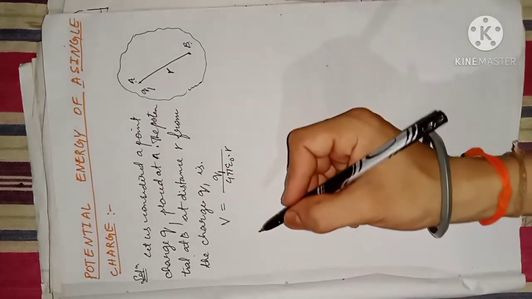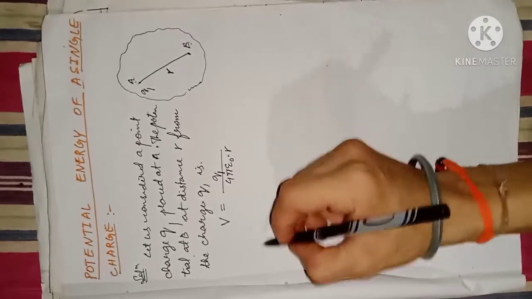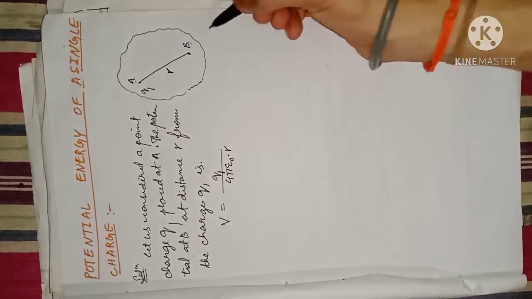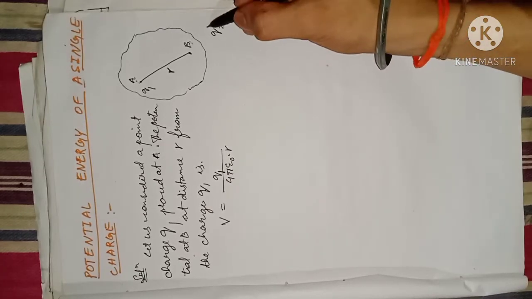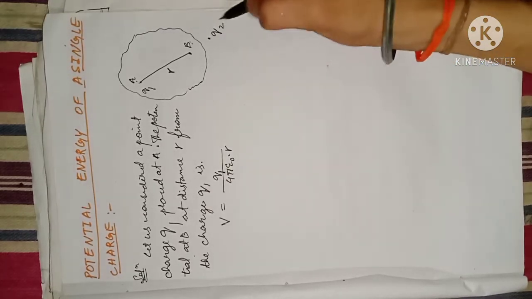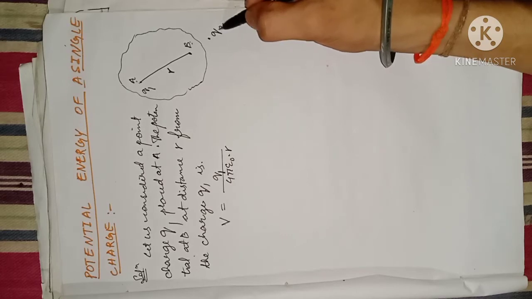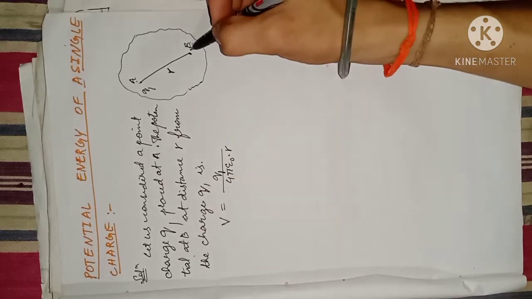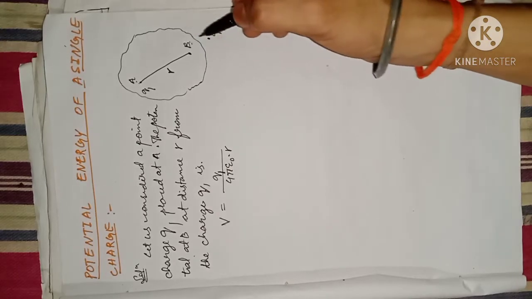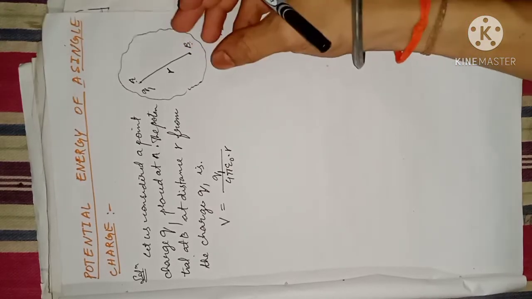Now suppose another point charge q2 is brought from infinity to the point B. Then there also will be some potential energy, some electric potential.